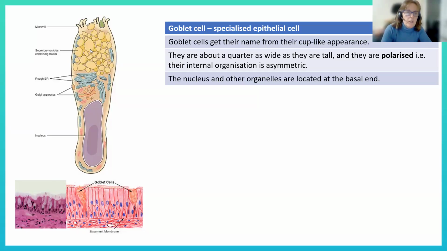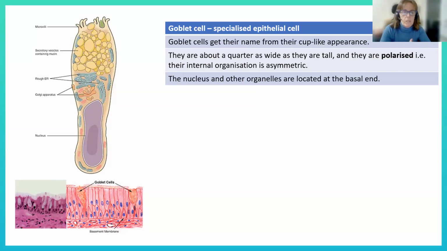Okay. So at the top here, we've got these secretory vesicles, which contain mucin. So this is a really good example of a specialized cell. We've got the nucleus here that will contain DNA. And when the mucin producing genes are switched on, the DNA will be copied into a messenger molecule that will go to the endoplasmic reticulum, which has got the ribosomes on.